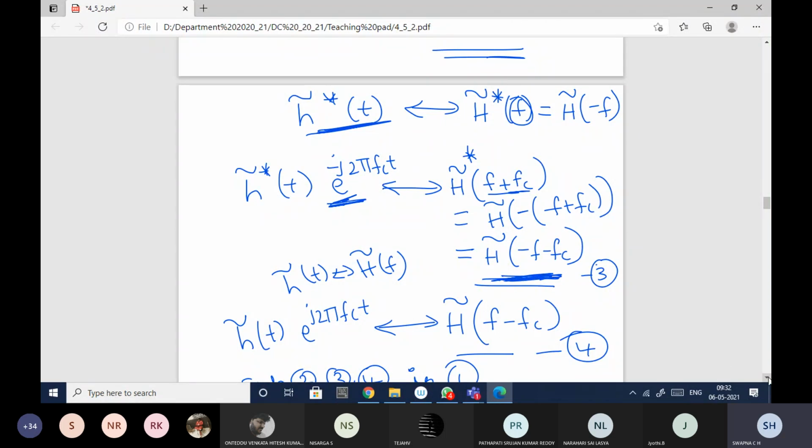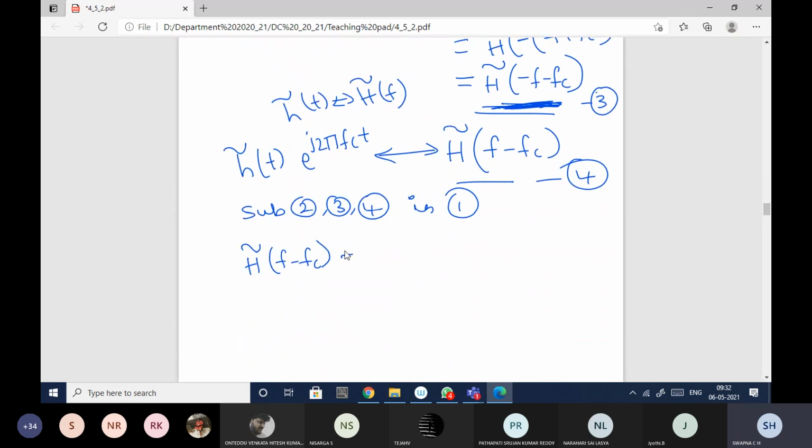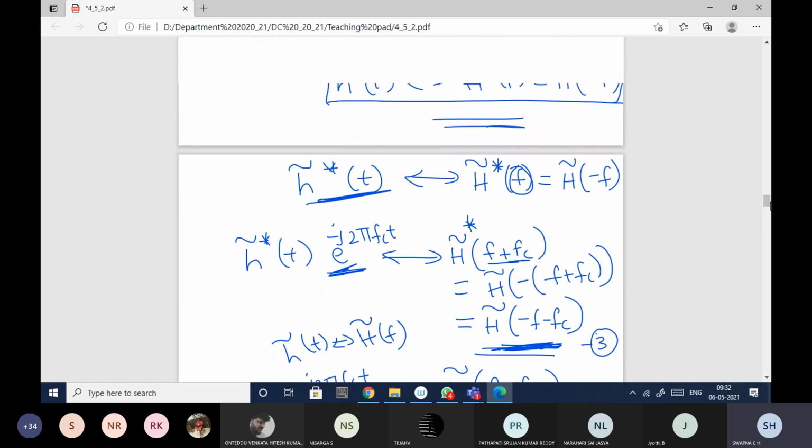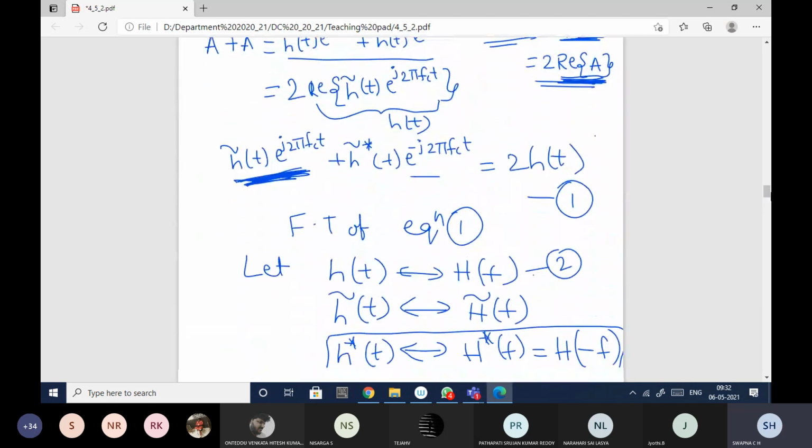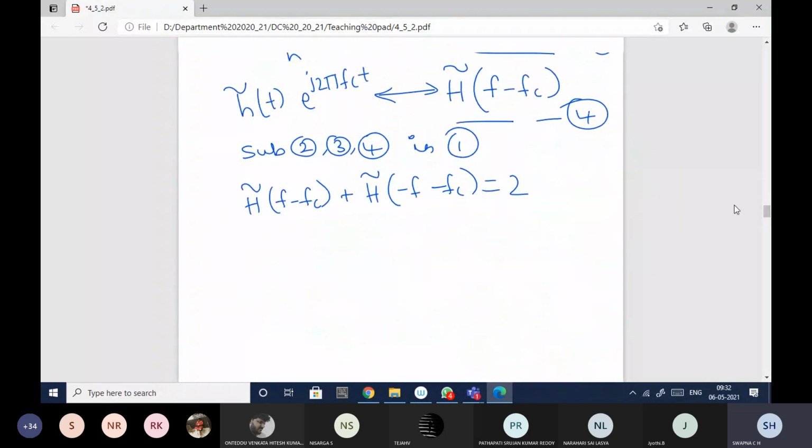So I will replace that with h tilt star of minus f minus fc, which is equal to 2 times of h of t. 2 times of h of t is the equation 1. In place of h of t, I'll substitute h of f. Anybody have doubts until here?